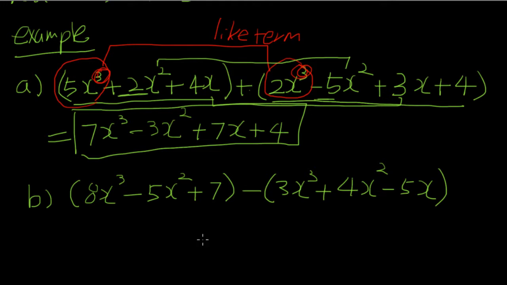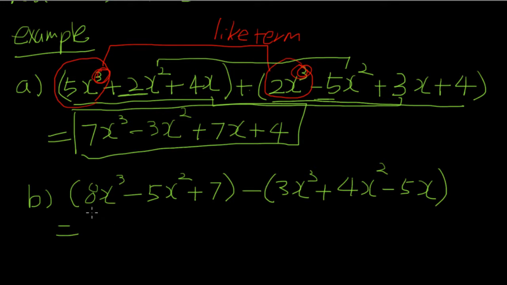Let's say we have something like this. Well, this polynomial subtraction works almost the same as polynomial addition. The only difference is that you are going to change everything. Those plus and minus signs are going to be changed.